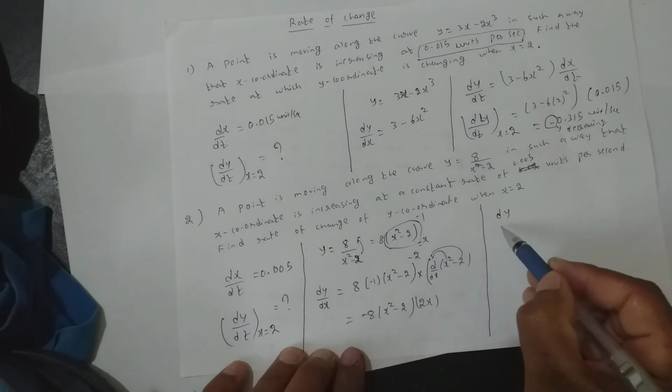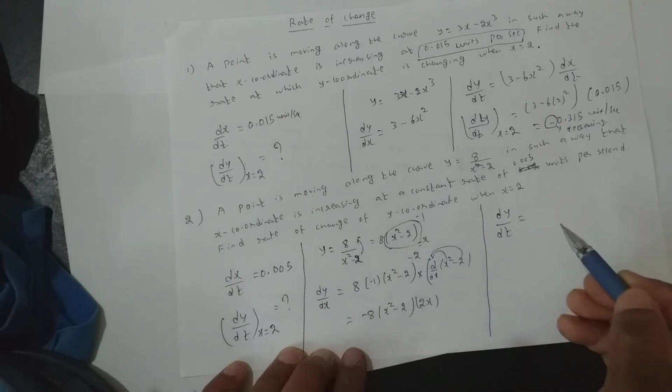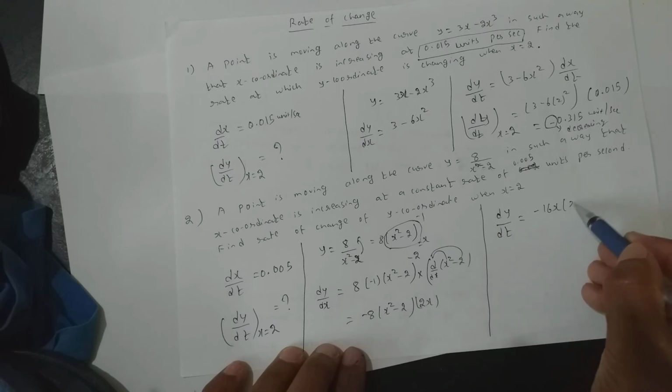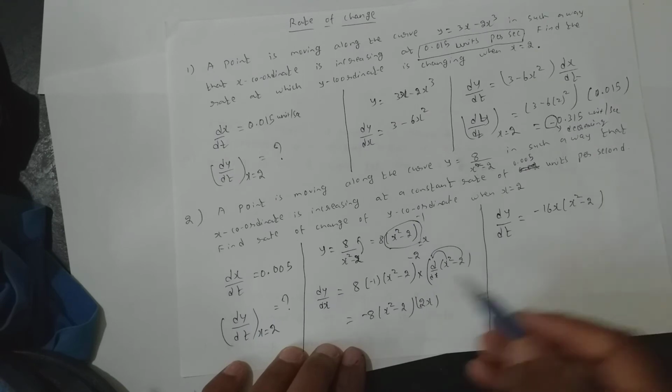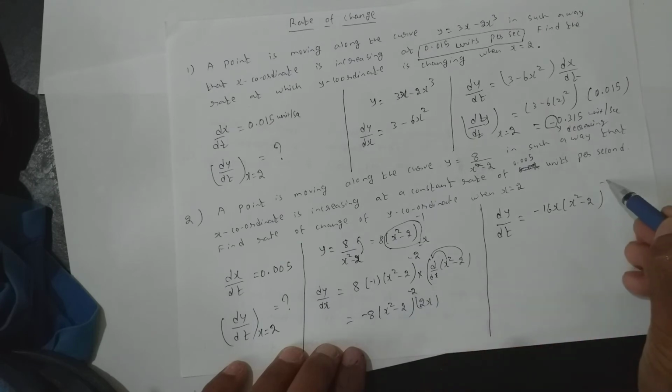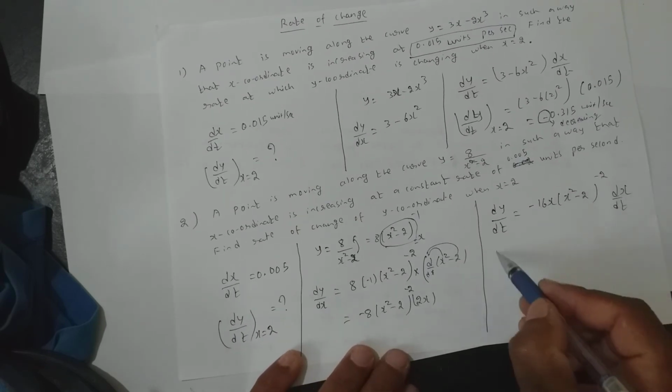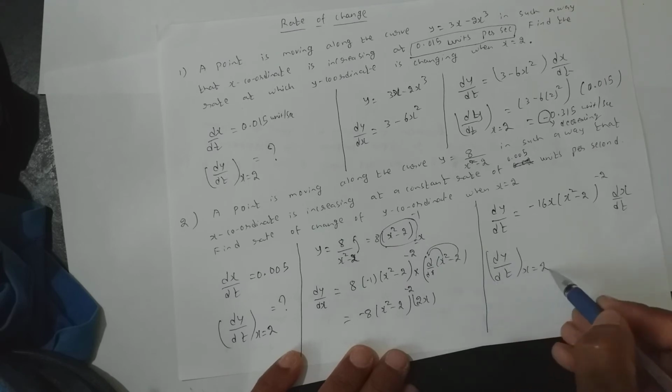Once you got dy by dx, dy by dt equals how much? The same thing: minus 16x into (x square minus 2) power minus 2 into d by dt of x. Are we clear? Now they are asking when the x value is 2. So what will you do?